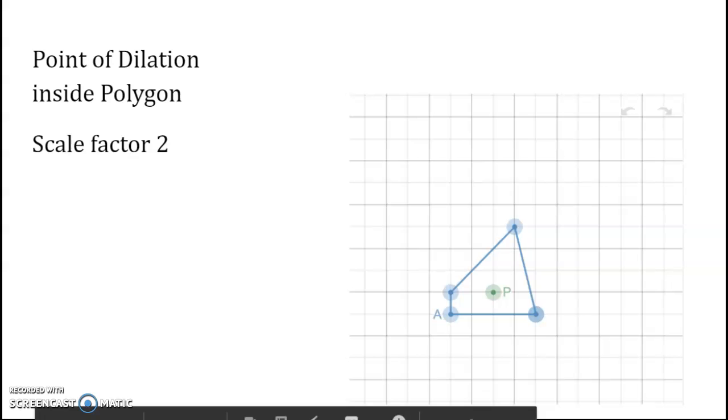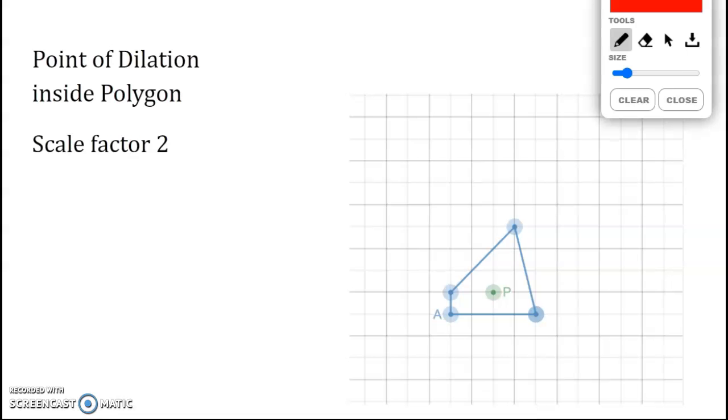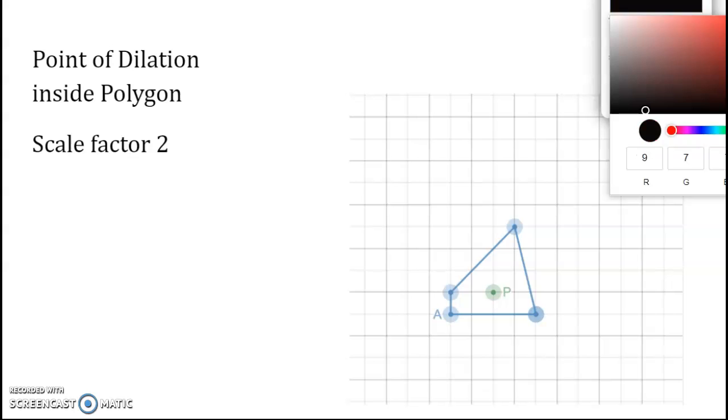So if I was to look at this point, let's name this A, B, C, D. Then if I was to look at A prime, I know that it is 1 unit down and 2 to the left.